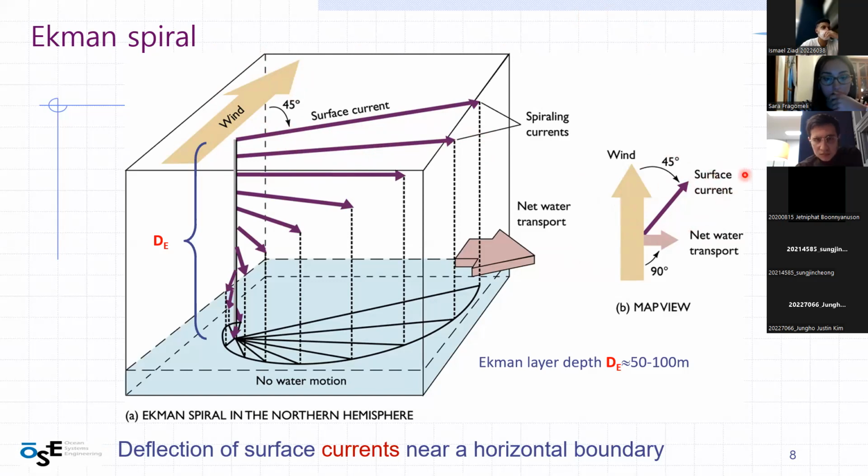This surface current is 45 degrees and net water transport is 19 degrees. At the surface of the ocean, the shear stress force corresponds with the wind stress force, and at the bottom of the ocean, the shear stress force is created by friction with the ocean floor.